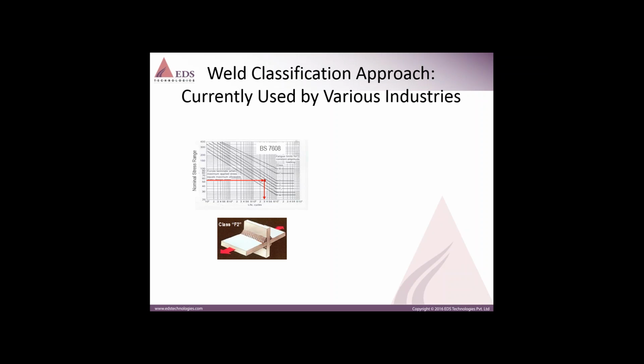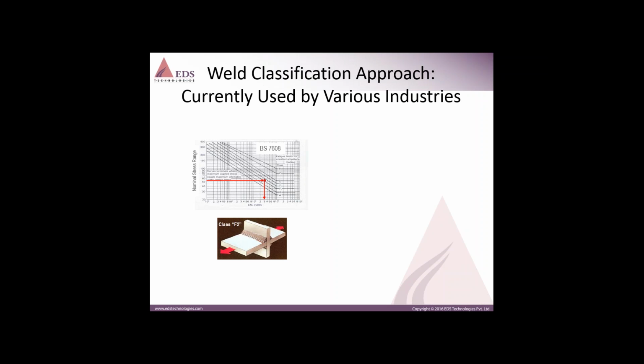Essentially, what it will do is calculate the life based on the nominal stress range. It displays the life in terms of cycles, mainly as a function of nominal stress range, and it is subdivided into different categories for different weld classes.